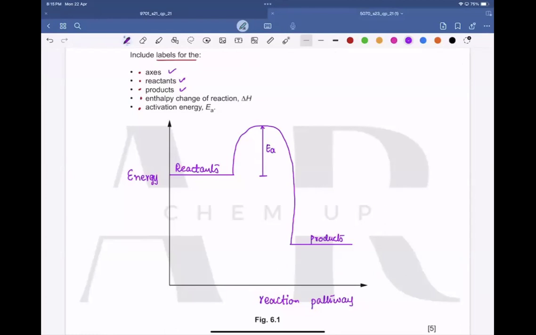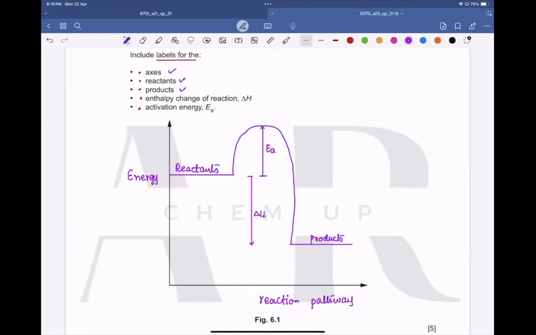Remember, activation energy always starts from the reactants to the highest point. You have to put the arrow over here only. If you put the arrow over here, then you will be marked wrong. Or if you label it like this and put an EA, you are still not going to get any marks. So you have to put the arrow over here, which shows that the energy is being absorbed, the energy is increasing.